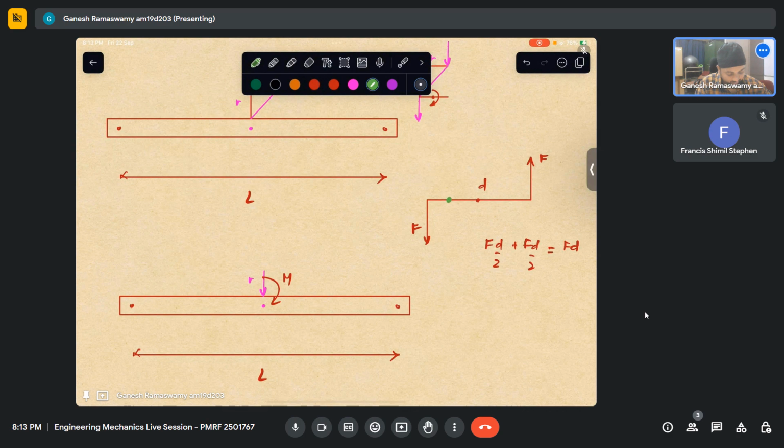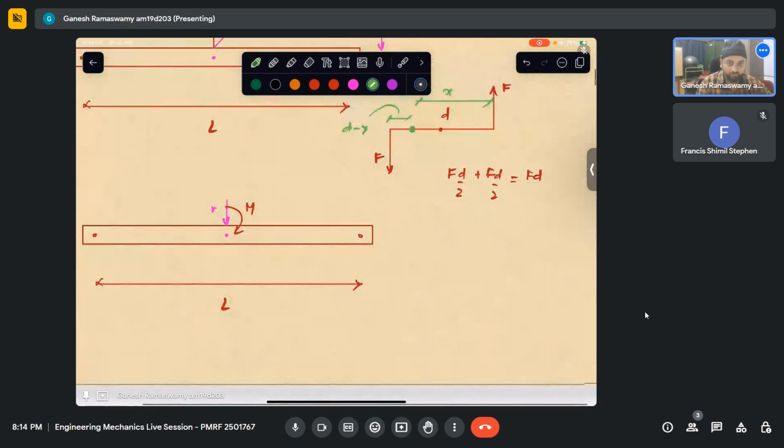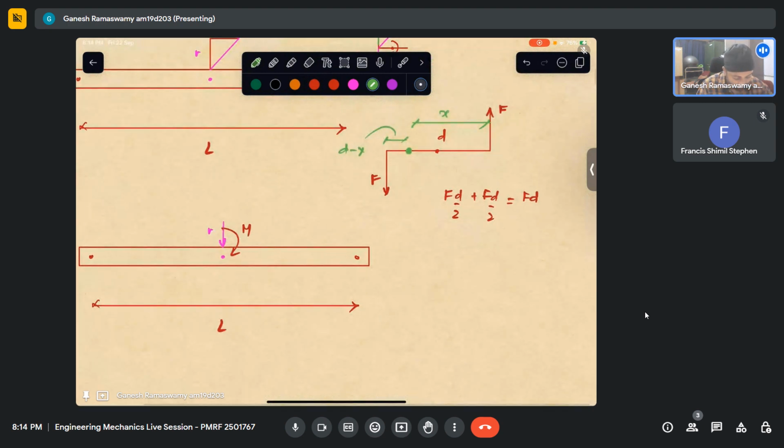Now let me take moment about some other point. Let me call this X, and this will be D minus X. If I take moment about that point, what will that come out to be? Fx plus F into D minus X. If I open this out, it is Fx plus Fd minus Fx, which is equal to Fd. What does this tell us?